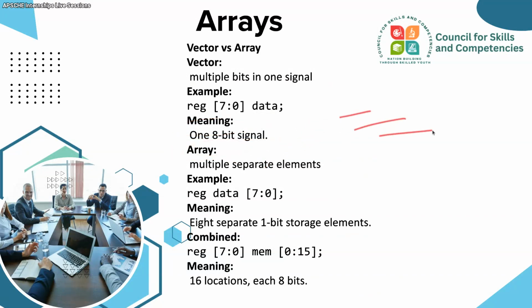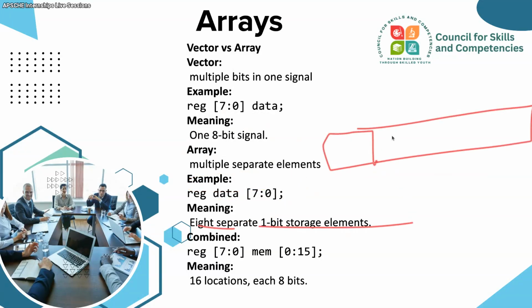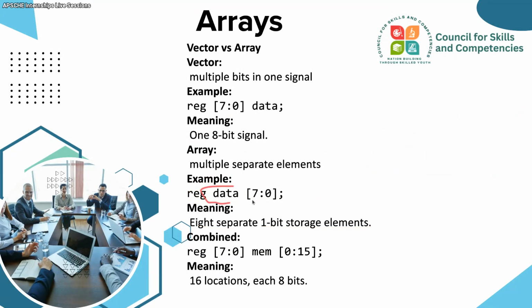You have 8 signals, that is, 8 separate 1-bit storage. This is the difference. This is an array, but this is a signal having 8 bits. You have to think of this as one signal having 8 bits.